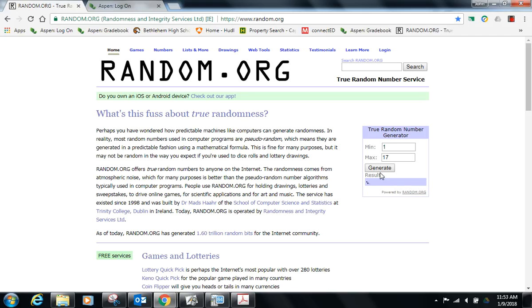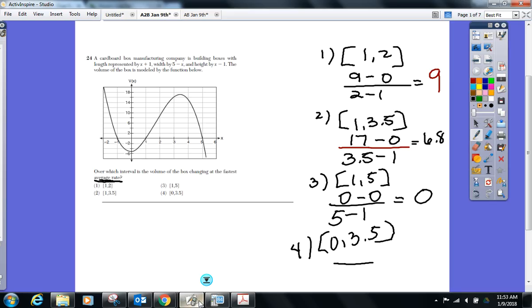One more to test. Here we go, 16. Brooke, ready? 3.5 minus 0, I got it. At 3.5, what did we say? 17 minus, what was it at 0? Be careful. What was the Y value at 0? Well, it's negative first, right?